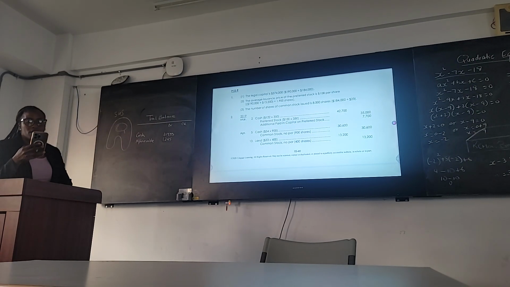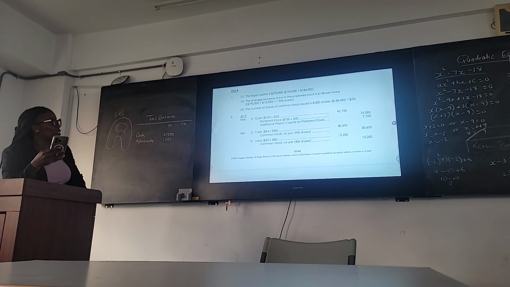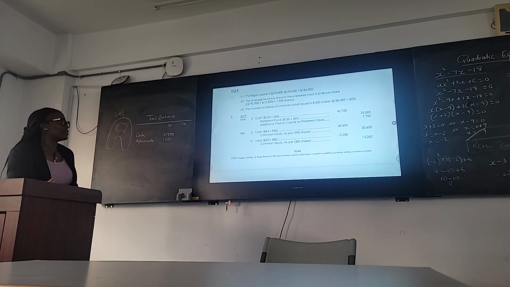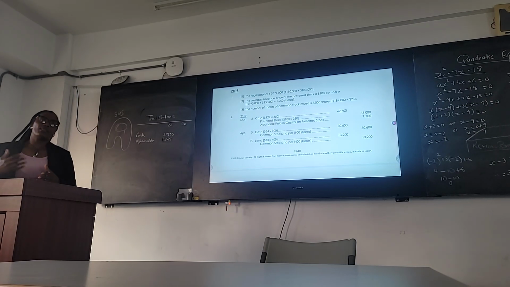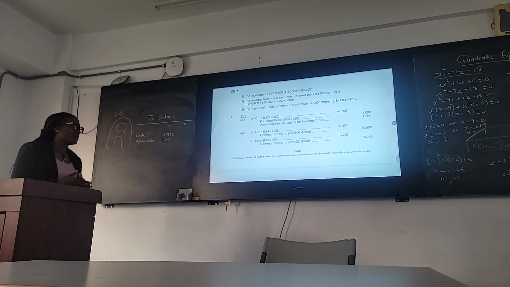We're now asked to prepare the journal entries to record the transaction in Part B. So we have a couple dates, and for each one we'll do the journal entry, starting with March 2nd. Issued 350 shares of 8% preferred stock at 122 per share. It means that the shares were issued at a premium because the par value is 100.